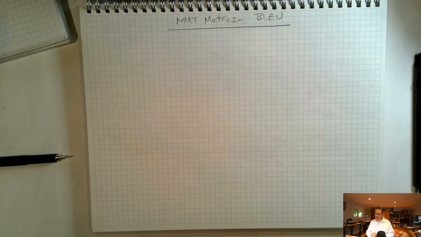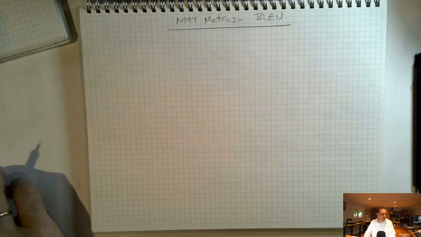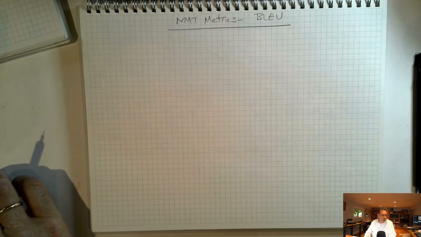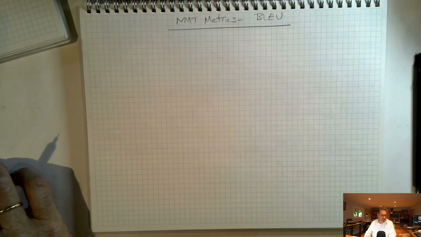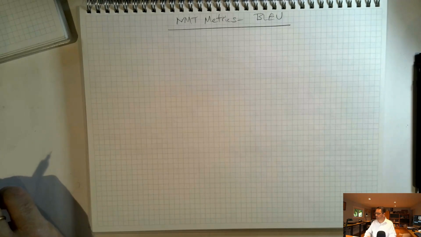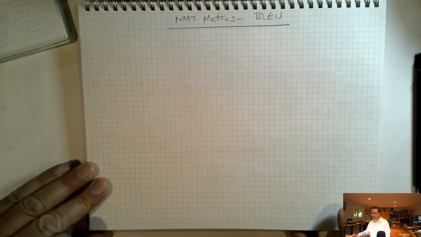It was invented by IBM many decades ago, 20 years ago, in 2002. It has many variants, but it is very frequently quoted. That's why we selected to cover it.